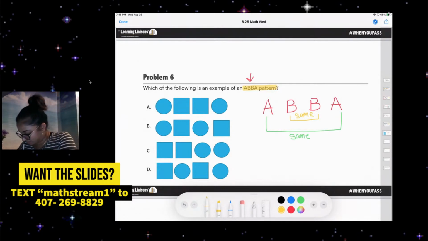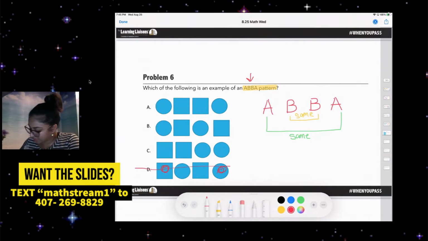So off the bat, I look at D and I say, is my first shape and my last shape the same? They're not. I look at C and I say, is my first shape and my last shape the same? They are not. Let's try B as in boy. My first shape and last shape, are they the same?